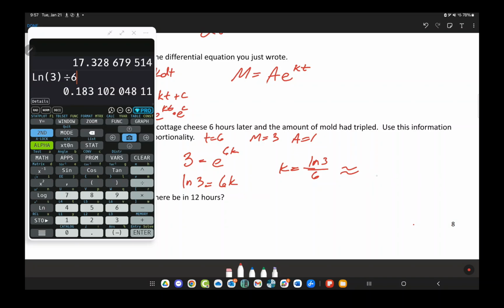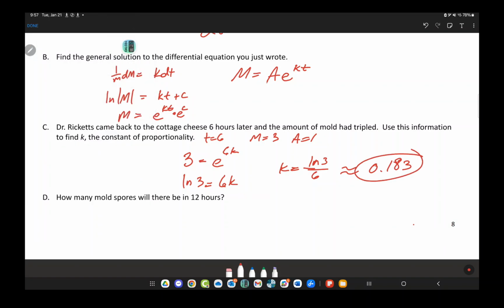Okay, we'll go to 3 decimal places: 0.183. Per hour. There are no units on there.